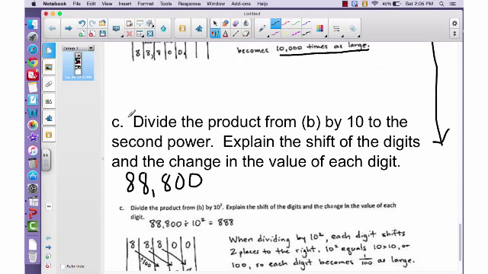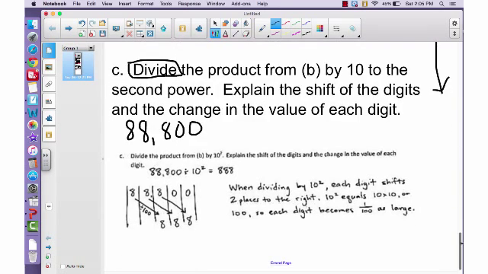And I'm dividing this time, which means my answer is going to get smaller. And I'm dividing by 10 to the 2nd power. So you can see it modeled here, 88,800 divided by 10 to the 2nd power. And here's how they show you the shift of the decimal. They put it in the place value chart.